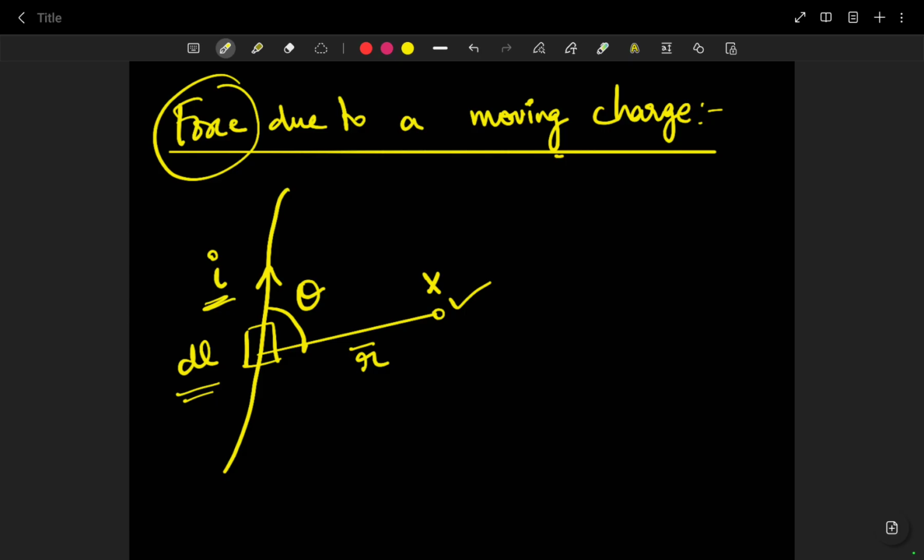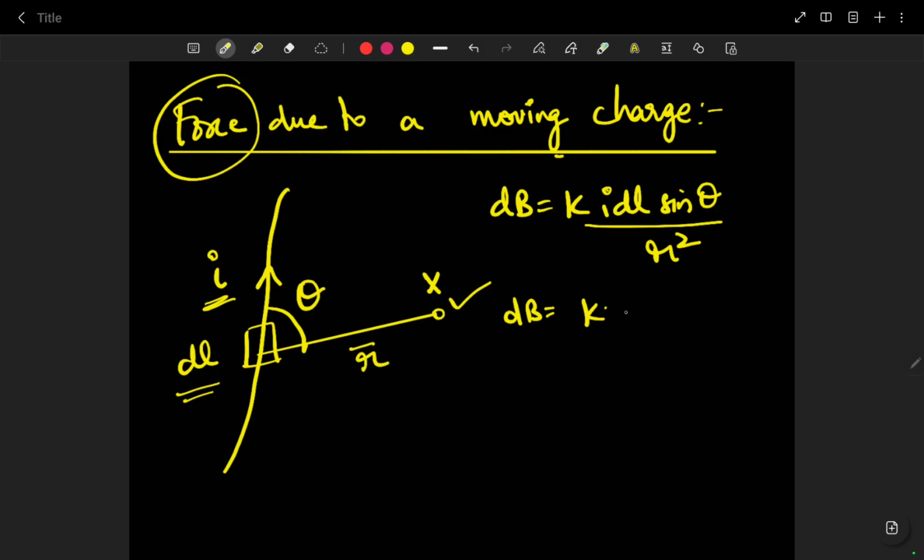You have seen the Biot-Savart law, and you know that its magnitude form is dB = k I dl sin theta by r squared. We are just going to make a few changes to understand what happens. So this will become dB = k, where k remains k itself, dq into v sin theta by r squared.